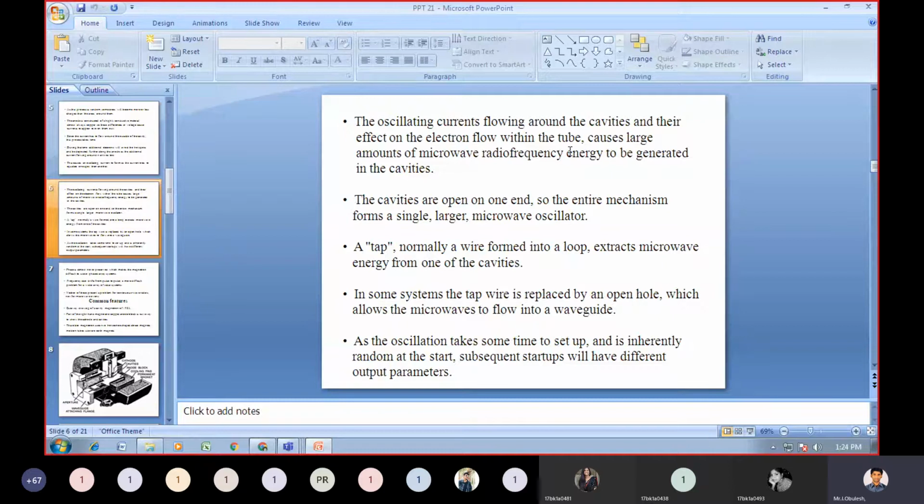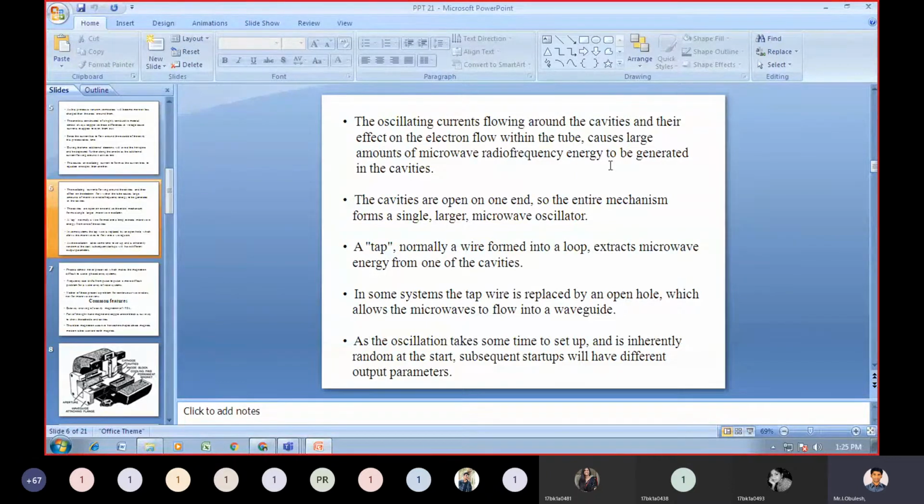The cavities are open on one end, so that the entire mechanism forms a single larger microwave oscillator.